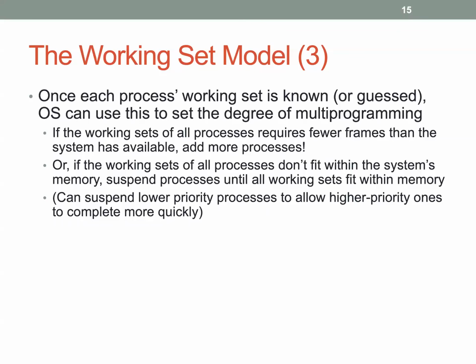We need to reduce the degree of multiprogramming because the total set of working sets is as large as the entire size of physical memory. Okay. If we have a sum of the working set sizes that's smaller than the number of frames, we can inch up the degree of multiprogramming. We can start running a few more processes. Okay, so we can do something like that.